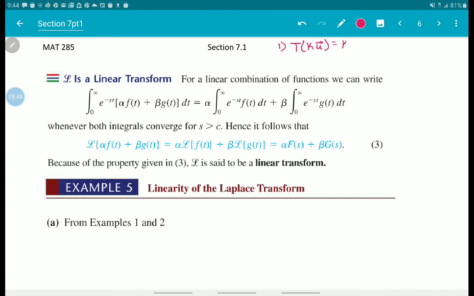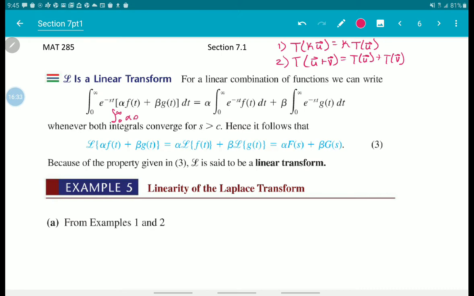There's a scalar multiple property, and then there's a sum property. Well, we can see those coming out here. If we integrate from 0 to infinity of e to the negative st times alpha times some function plus beta times some function, because of the way integration works, we could split this up into two different integrals. Let's distribute so you can see that.